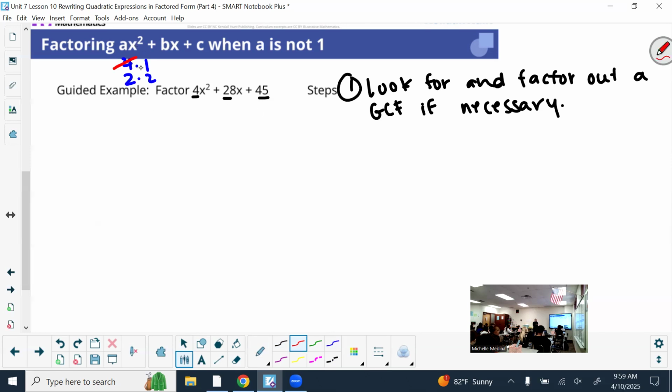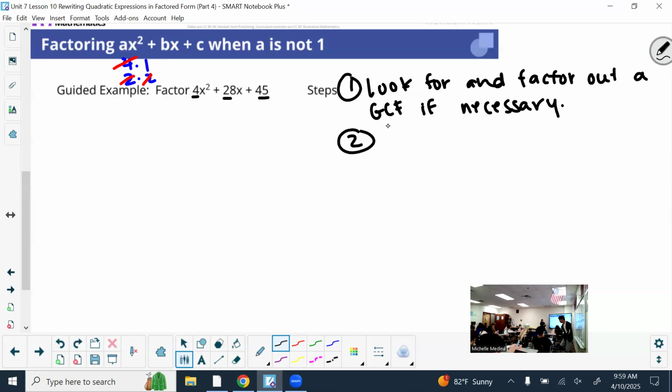And then start by eliminating the greater ones, because we want the greatest common factor. Is 2 divisible into all 3 of these numbers, class? So no GCF. And after that, the only other factor is 1, and 1 doesn't change it. So look for and factor out a GCF if necessary. There's no GCF in this one.